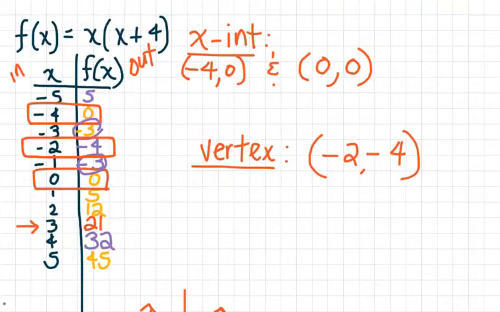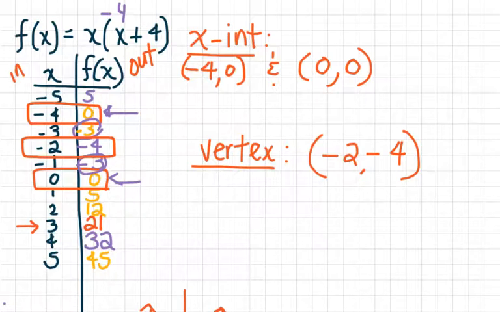And if I go back to my table, I remembered something about the output of 0 and the output of 0. So that means if I were to plug in -4 into this equation right here, if I were to take -4 and add 4, I'd get 0.